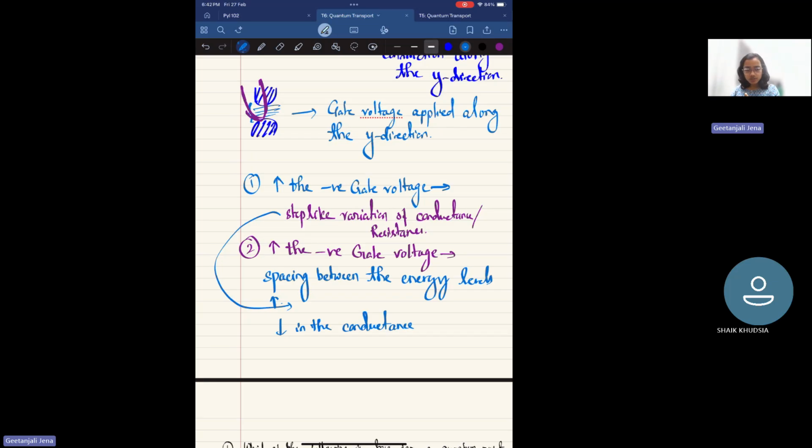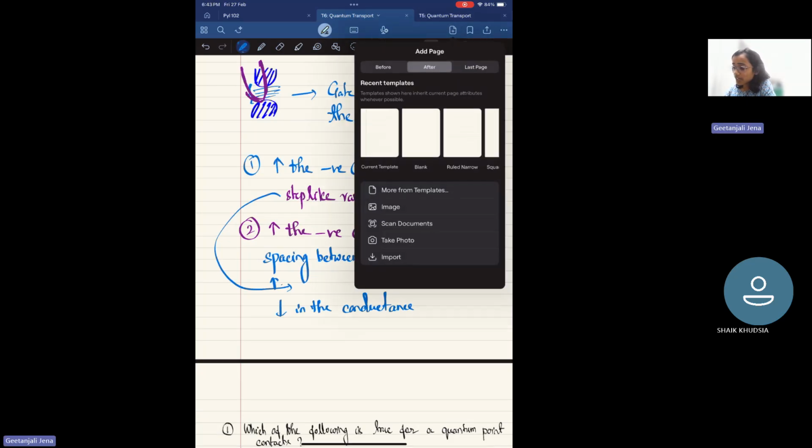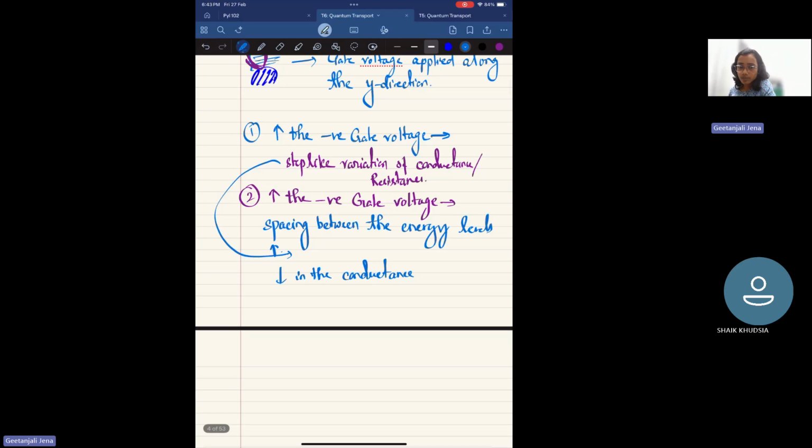When we increase the gate voltage, we will first see a step-like variation of conductance and resistance, and also the conductance will gradually decrease and the resistance will gradually increase because of this negative gate voltage.